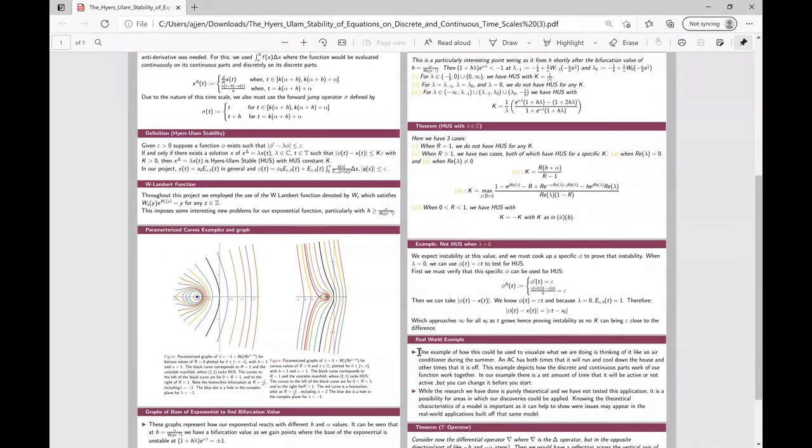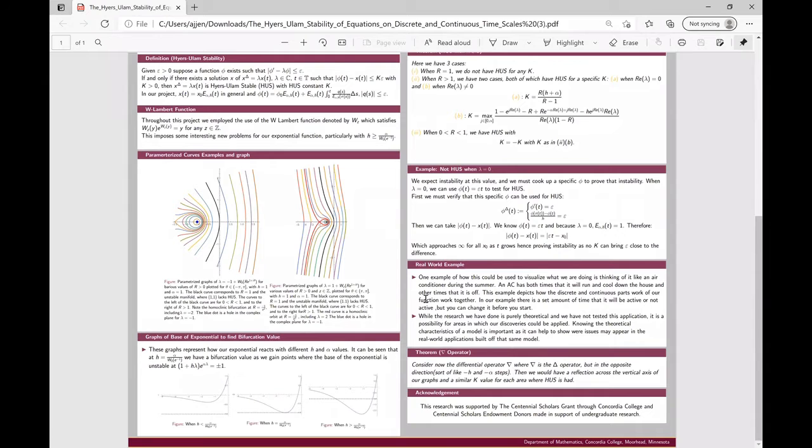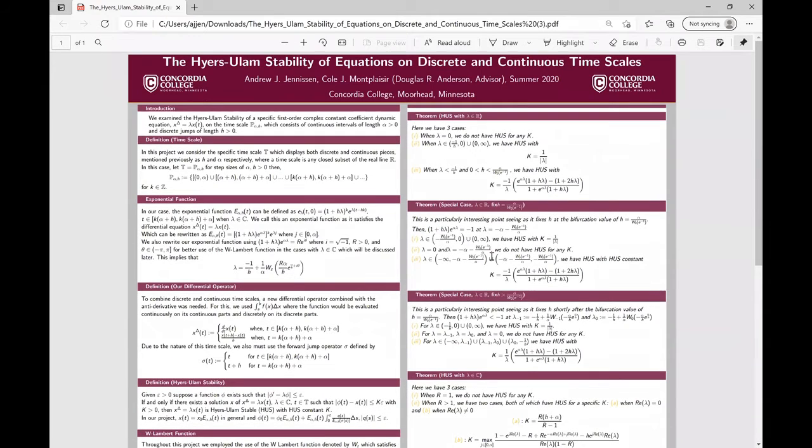Now that we have gone over the definitions of everything and given you an introduction to our problem, we can go on to the actual findings of our research this summer. First, we examine the Hyers-Ulam stability when our lambda value is in the real numbers. And here we come out with 3 cases when we observed our function.